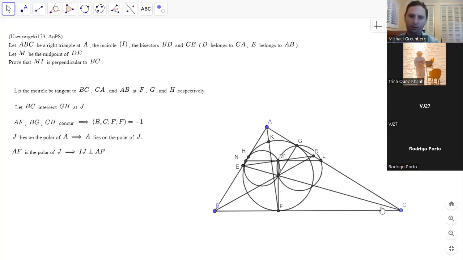So we have this angle, we have this angle. I like your observation, BEI is similar to BAI. That has to be helpful somehow. AHIG is a square. We haven't used that yet.